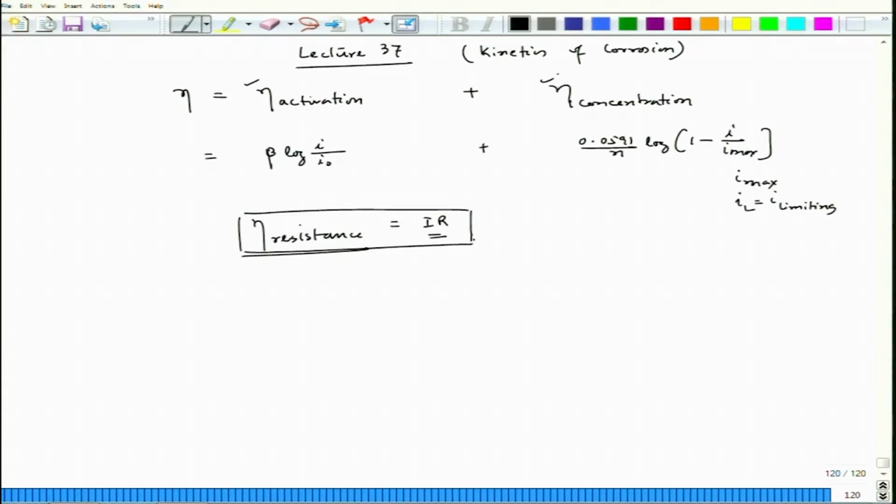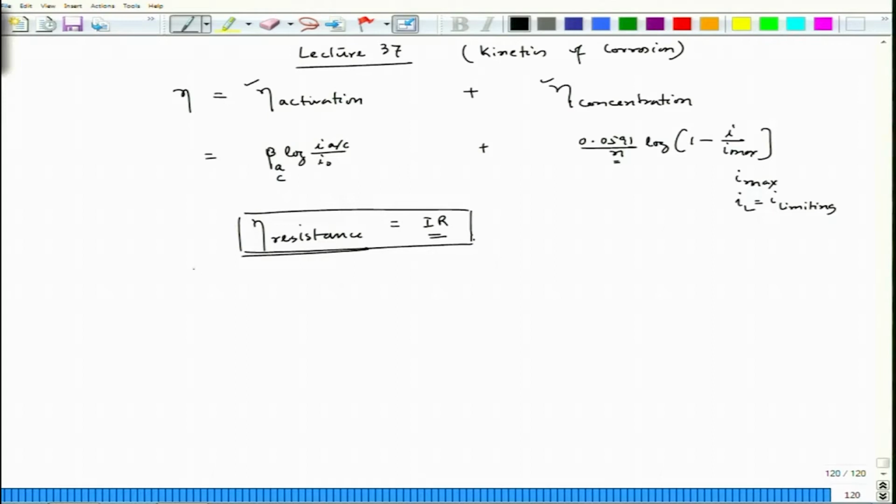Now let me try to plot these polarizations. Remember beta log I/I0: we can write either A or C, where A is anodic and C is cathodic, and accordingly here also we can write A or C. I0 is the exchange current density, and n is the number of electrons participating in the redox reaction.